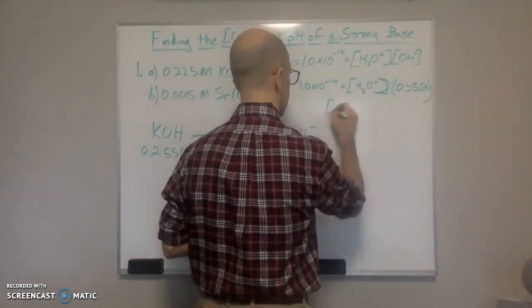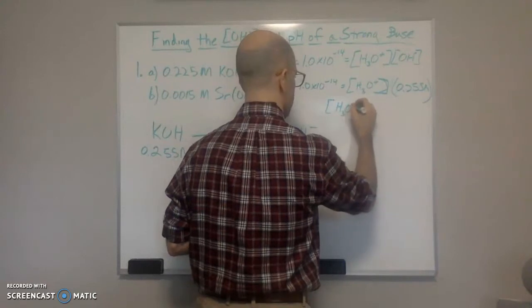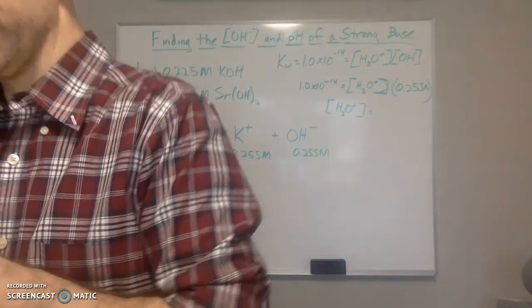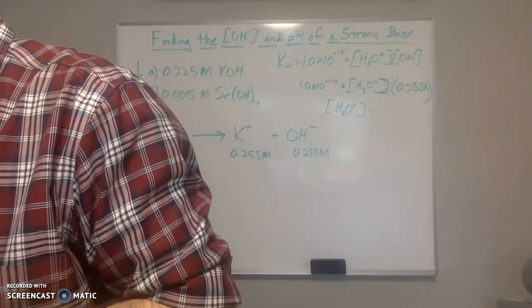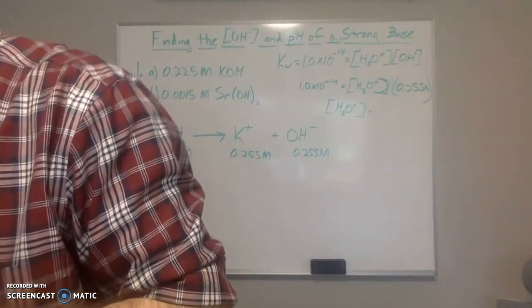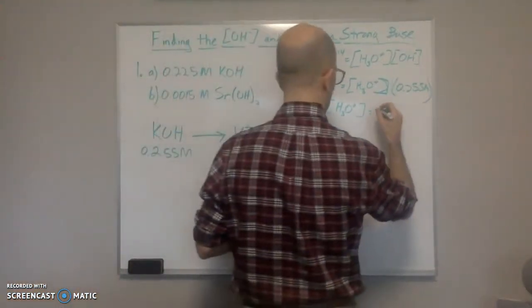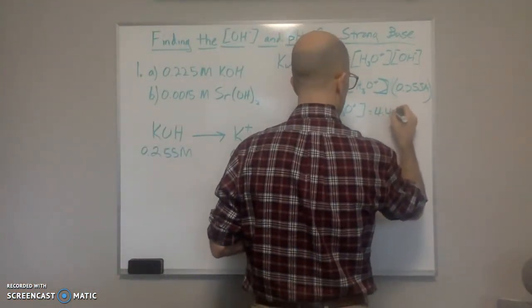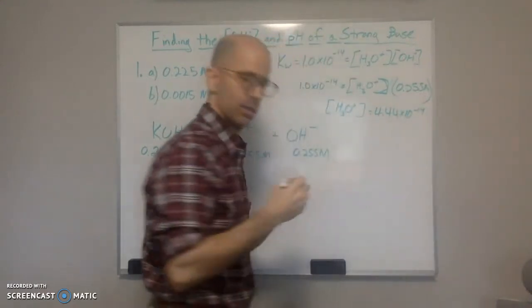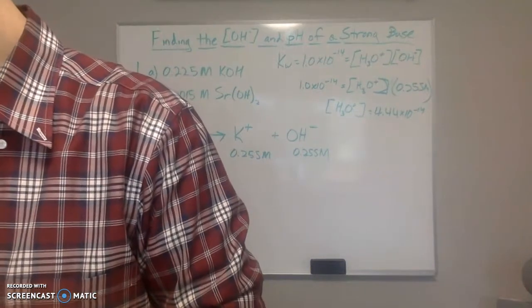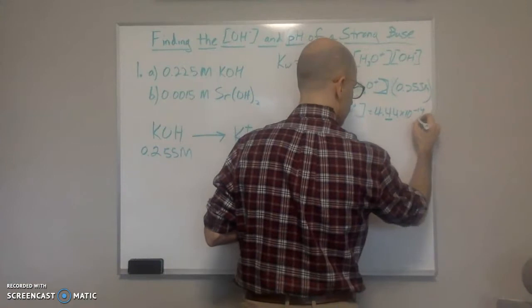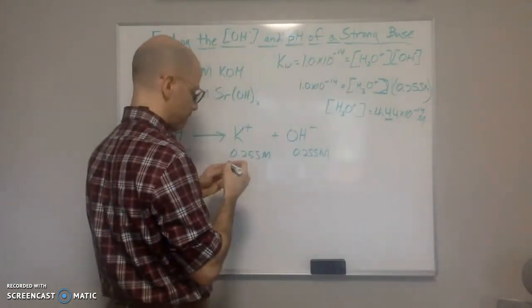Our H3O plus concentration, if we calculate this out, comes to 4.44 times 10 to the negative 14 molar. And we're only allowed 2 sig figs.